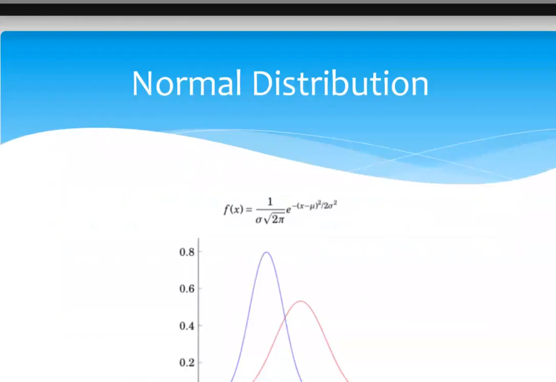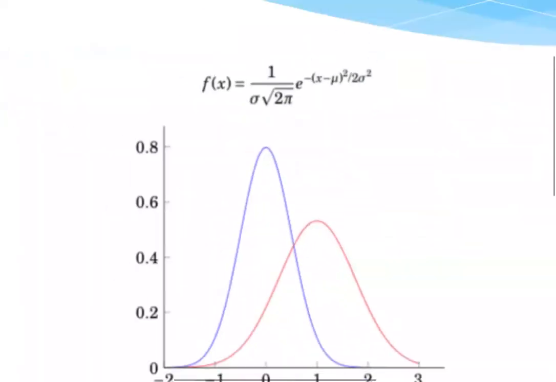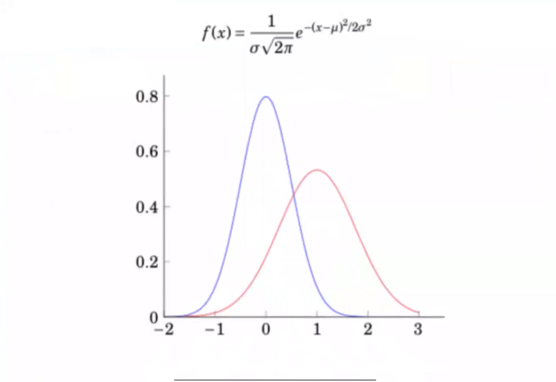All right, so next, normal distribution, something you have seen before. Bell-shaped curve, normal distribution, Gaussian distribution, we have talked about. The formula for this normal distribution is the one you are seeing on the screen. f of x is equal to 1 divided by sigma, which is the standard deviation, times square root of 2 pi, times e to the power negative x minus mu whole squared divided by 2 sigma squared.